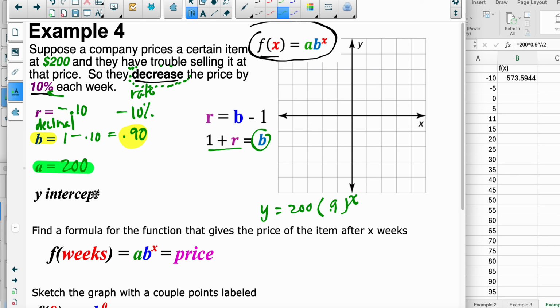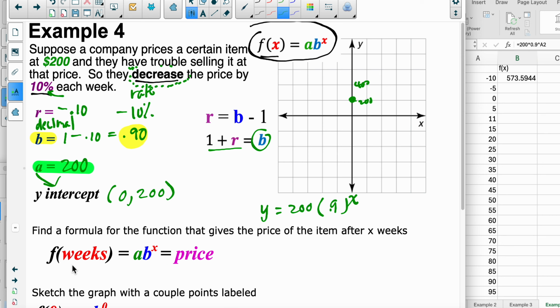Let's go back and finish our intercept. I know that my initial value is also the intercept. So when x is 0, y is equal to 200. That's going to be my intercept. And if this is 200 here, 400, I know it's going to go right through the y-axis here.